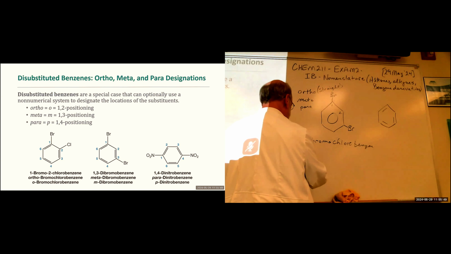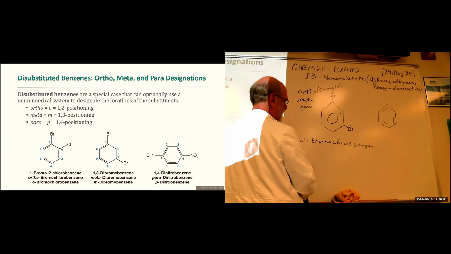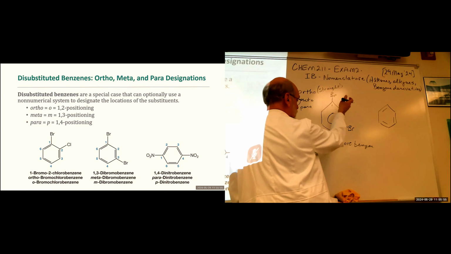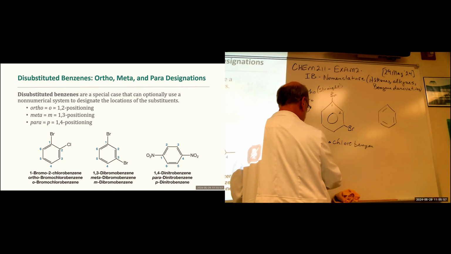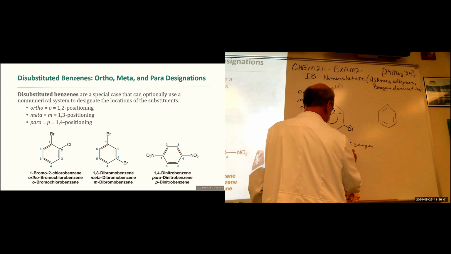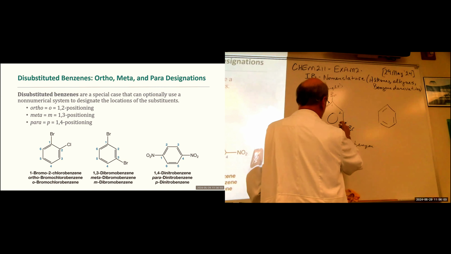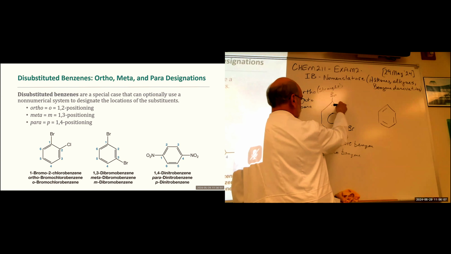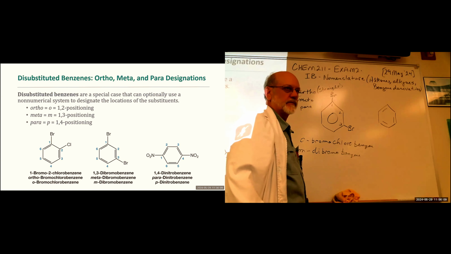The second one would be meta, dibromo. Those are 2 of them. Meta dibromobenzene. And they're in the 1, 3 position. So it doesn't matter which way you go, 1, 2, 3, or 1, 2, 3. Same thing.